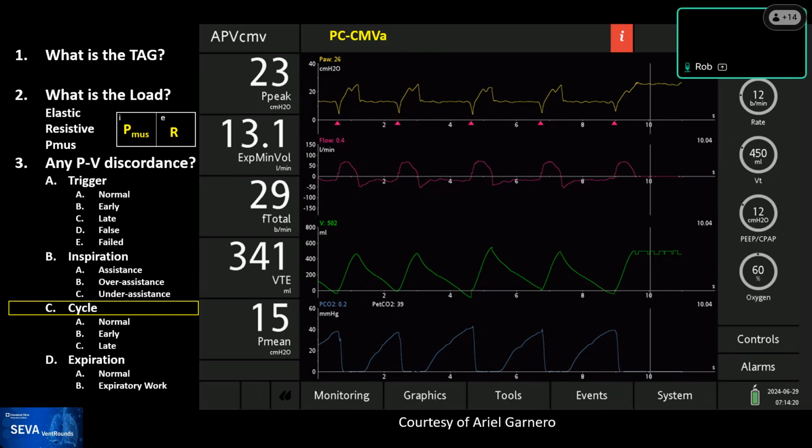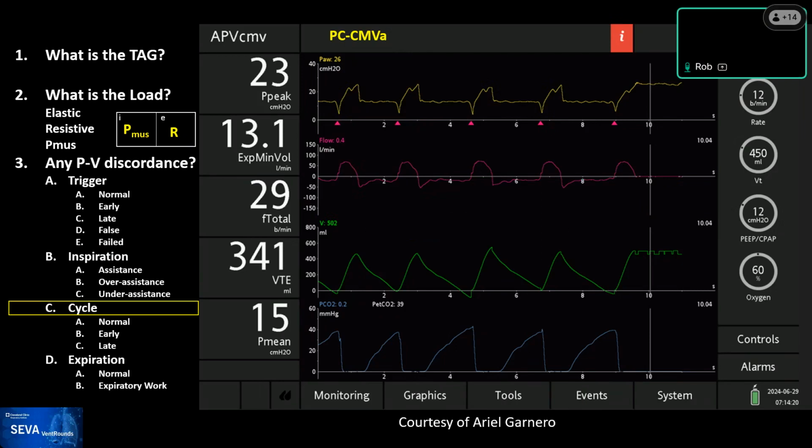Well, let's see if that's true. Where do we look to see if the inspiratory effort continues beyond the cycle event? What's our key indicator there? Well, the pressure waveform.